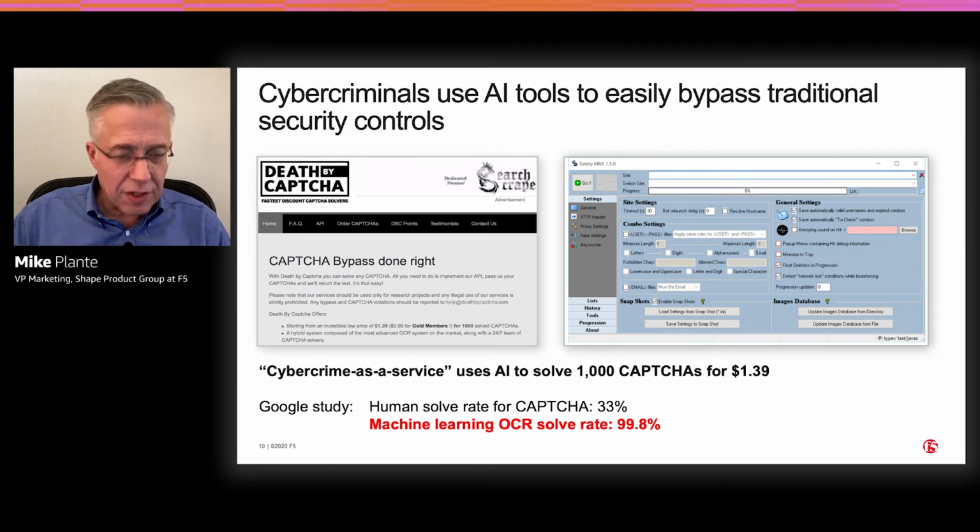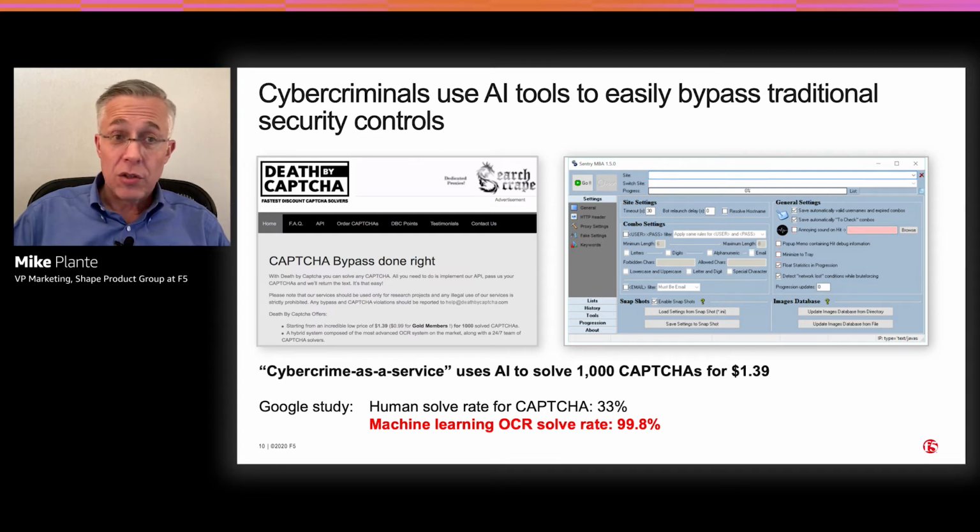And there are many flavors of CAPTCHA, but one of the things that our security research team has identified as they've researched what cybercriminals and fraudsters are up to on the dark web is the emergence of, think of it as cybercrime as a service, where these organizations that are trying to perpetrate this unauthorized access to your application can actually subscribe to AI-powered CAPTCHA solution services.